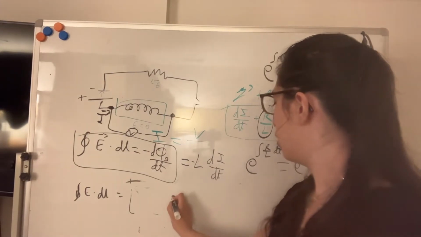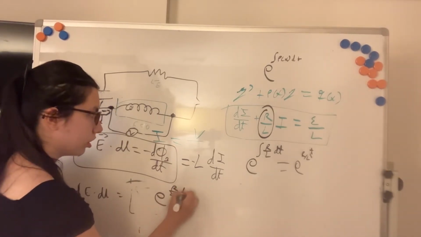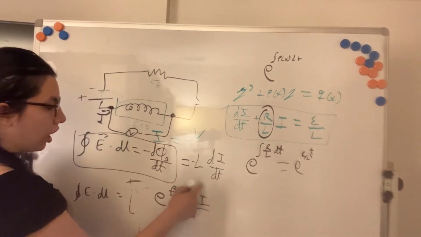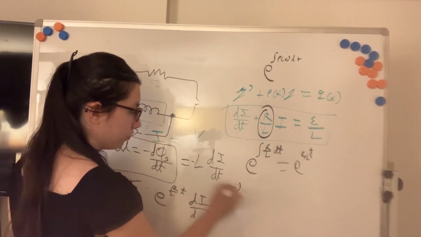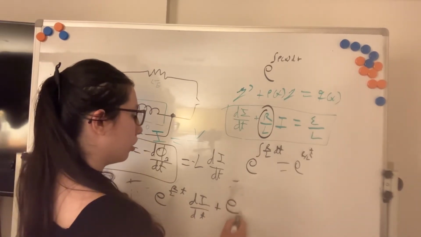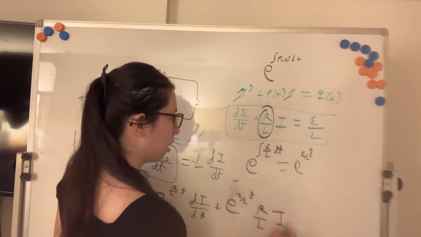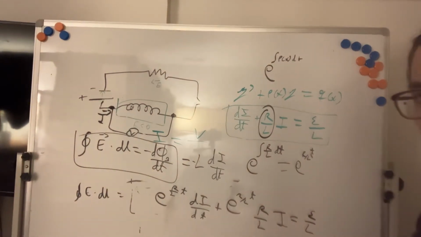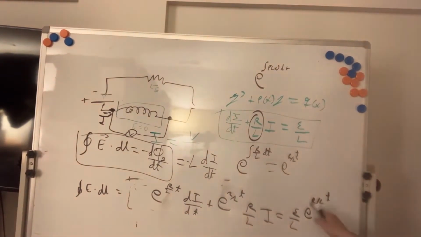We have e to the R over L t times di/dt, or if you want you can put I with a dot as Newton did, the notation of Newton, or I prime for Lagrange, or Leibniz as here, plus e to the R/L t times R over L times I equals to the voltage over L times e to the R over L t.